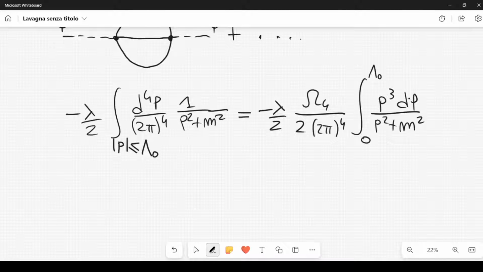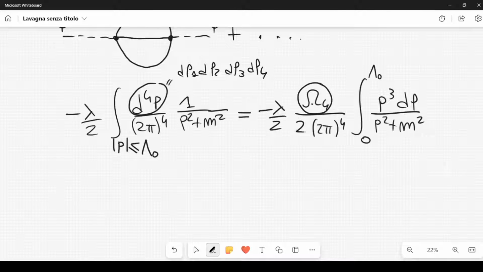So this p here is actually the mode of p, the one that I have denoted like this here, whereas this d^4p denotes dp1, dp2, dp3, and dp4. So p1, p2, p3, p4 are just the components of momentum, whereas here with p I mean the mode of momentum.